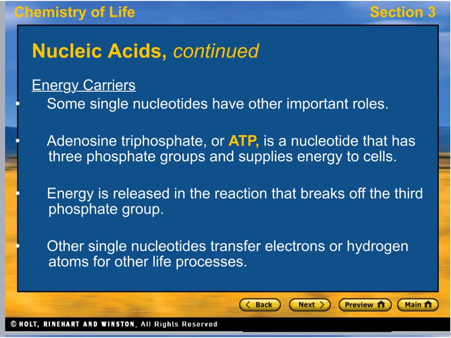So when one breaks off, then we have what we call a diphosphate, or an ADP. Other single nucleotides are going to transfer electrons or hydrogen atoms for other life processes. Again, we will talk about this stuff more in depth as the year goes on.